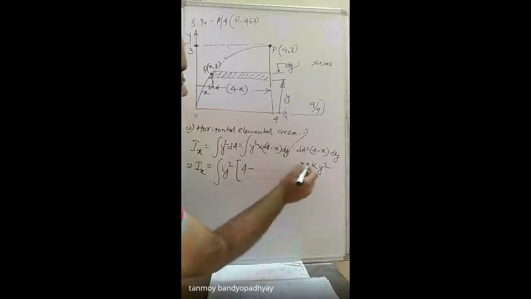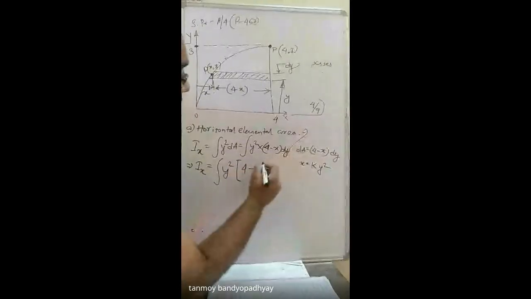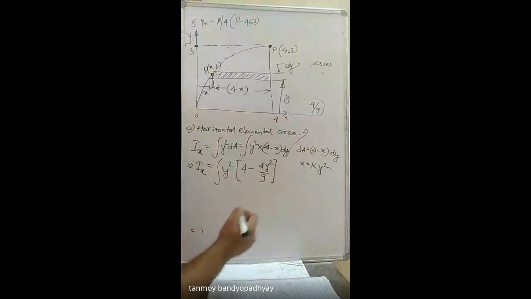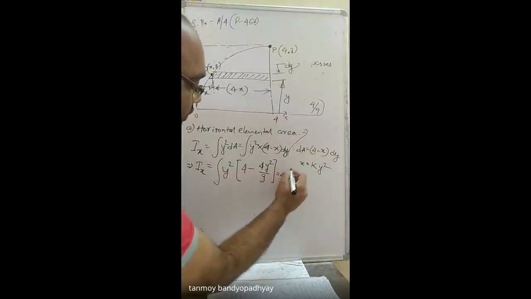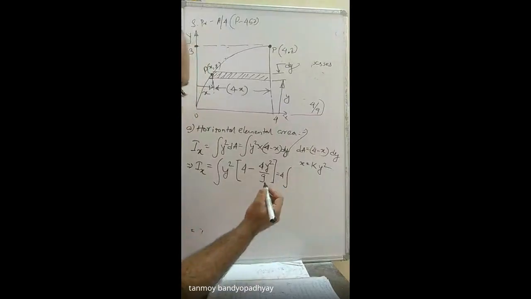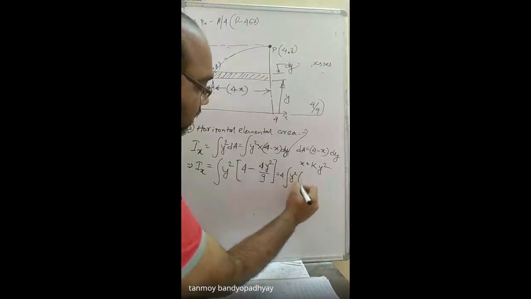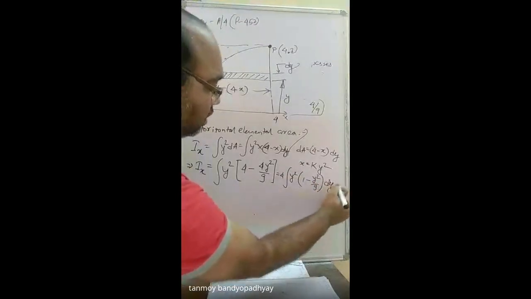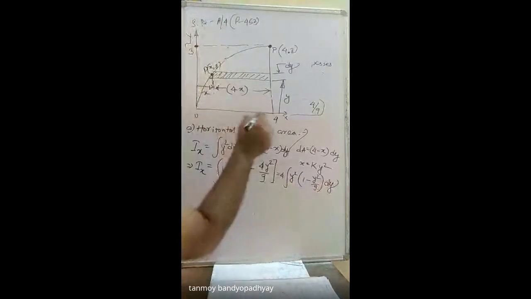So x is ky square, k is 4 by 9, so this is 4 y square by 9. So taking 4 common, 4 integration of y square into 1 minus y square by 9 into dy. Y varies from 0 to 3.